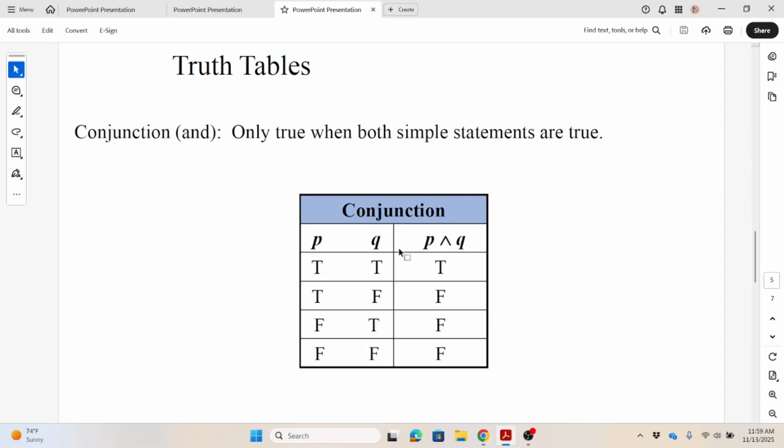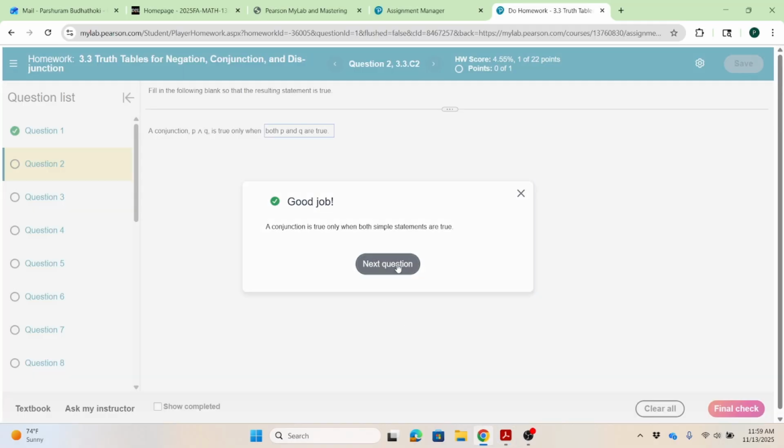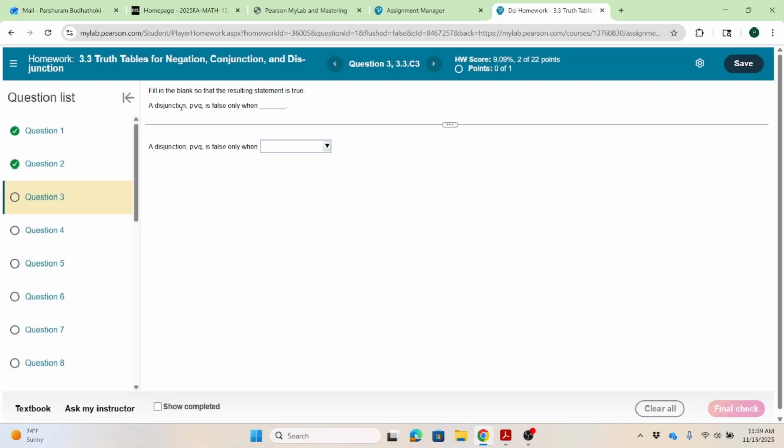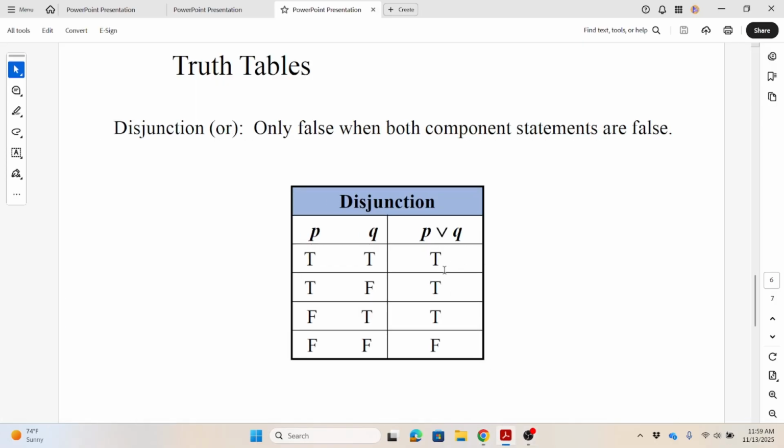If both of them are true, then only the conjunction would be true. A disjunction P or Q is false when both of them are false.